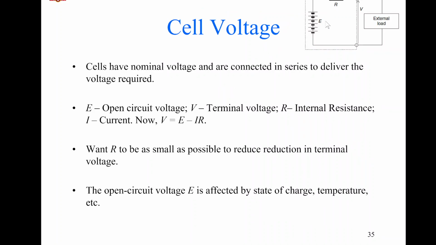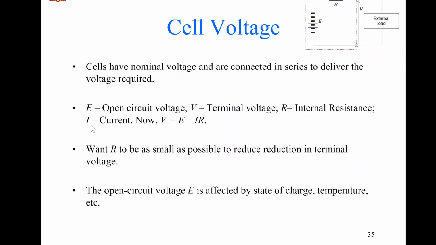The battery can be modeled in this particular way. There are several cells connected, there is some internal resistance of the battery, and there is an external load. Cells have a nominal voltage and are connected in series to deliver the required load.